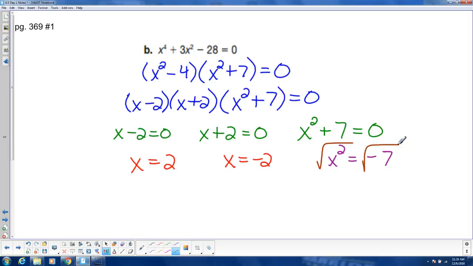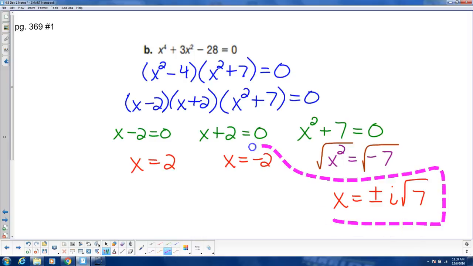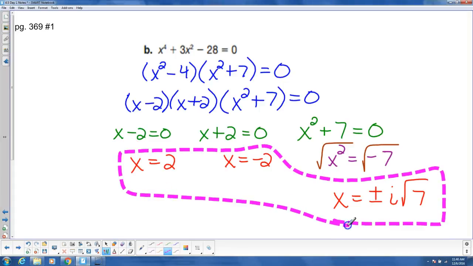And then x here is going to equal plus or minus what? I square root of 7. And those are my 4 answers. Yes? Fantastic.